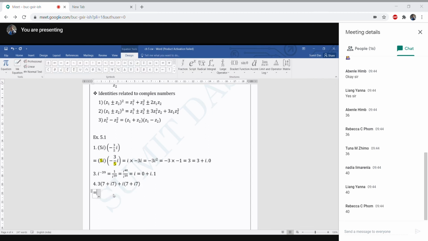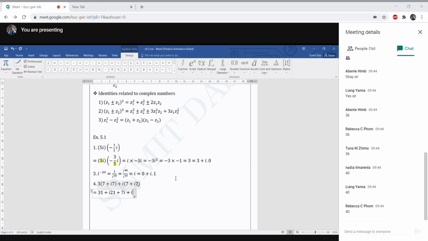You just have to multiply. So 3 into 7 is 21, plus 3 into i is 3i, plus 7 into i is 7i, plus i into i is i square.